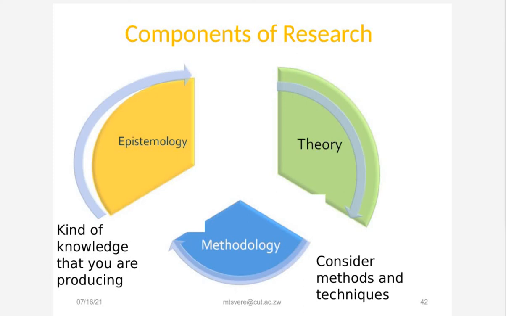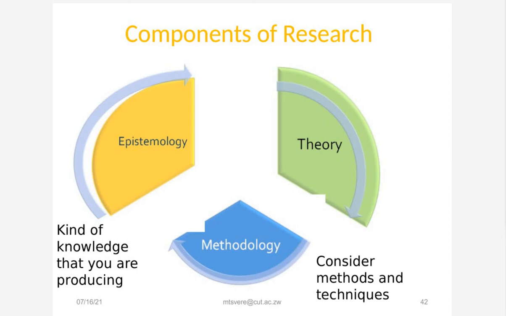But remember, if you are going to do research which is academic, then we must know that you have taken into account the three major components of research. The theory, that which you read to make you understand the study that you are going to do. The methods, the methodology, the methods and techniques that you are going to use to collect and analyze data.